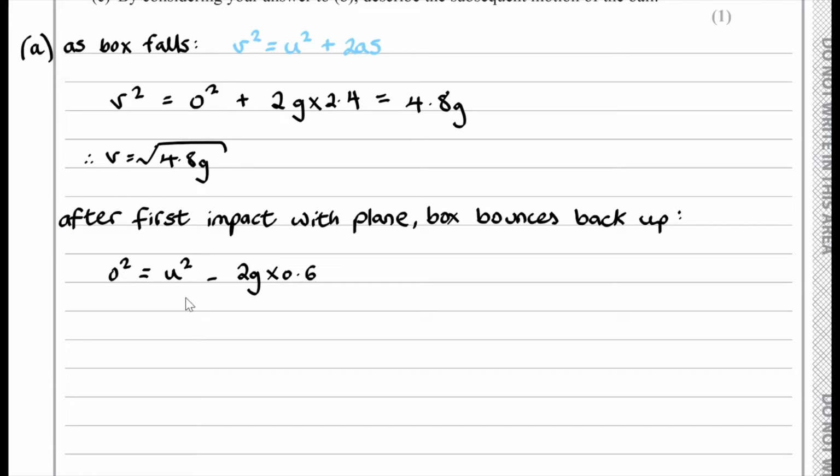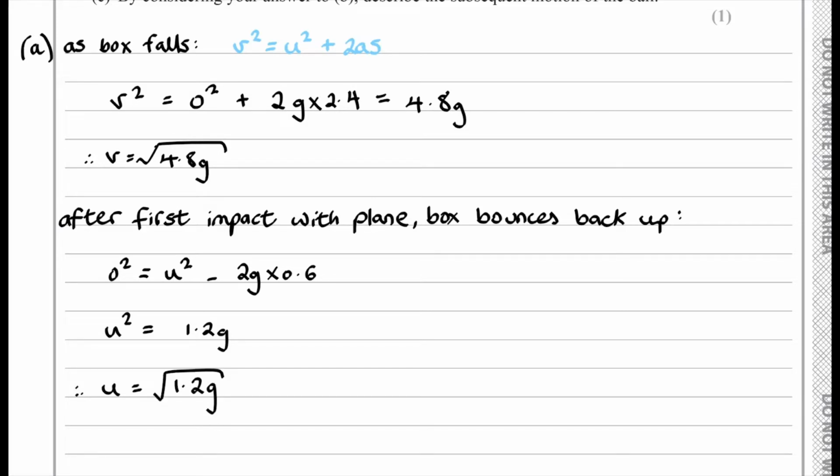If we rearrange, u squared is equal to 1.2g, and therefore u is equal to the square root of 1.2g.